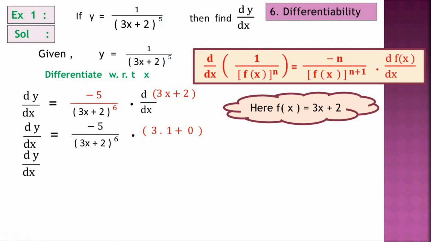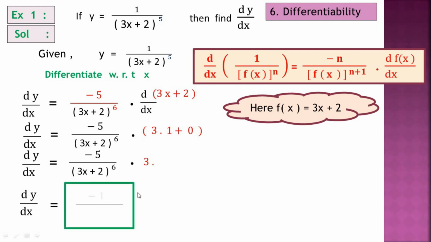So further, minus 5 divided by 3x plus 2 whole raised to 6 as it is, and this becomes 3 into 3. In the next step, just multiply these two numbers. That is the final step: minus 15 divided by 3x plus 2 whole raised to 6. So this is the derivative of the given function.